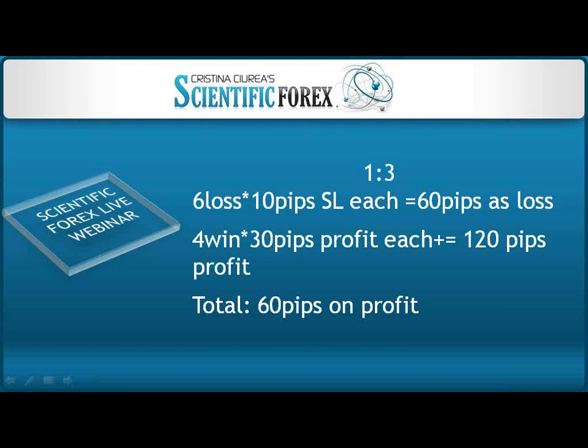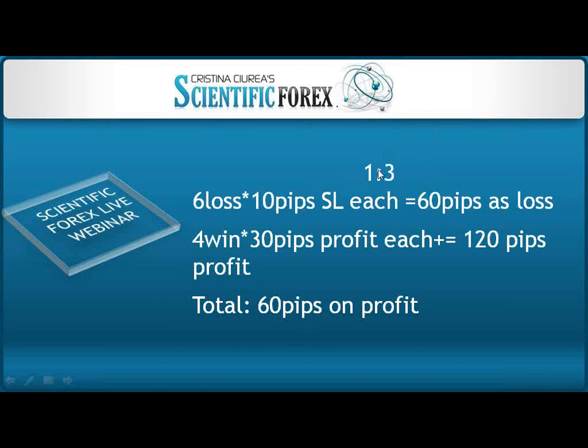We have to check if the signal is satisfying the rules of risk-reward ratio, for example, 1-to-3. This is the most common thing, like a mantra among traders. And we have to calculate the proper volume for the position we open.